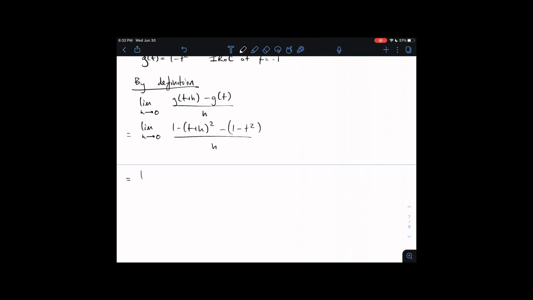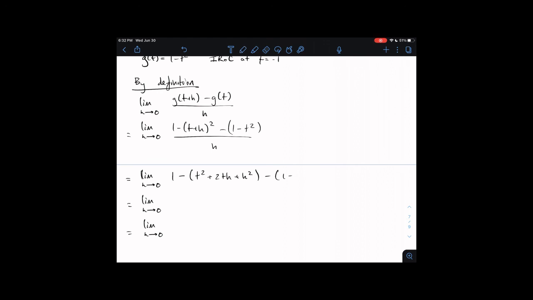This is equal to, let's just paste all these right now. That might be enough. All right. So we FOIL this out. We get t squared plus 2th plus h squared minus 1 minus t.